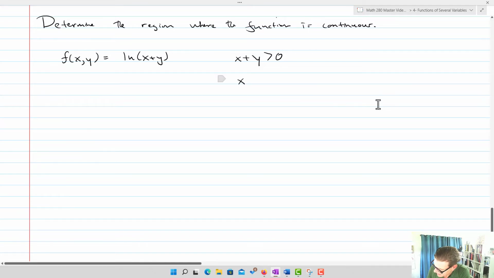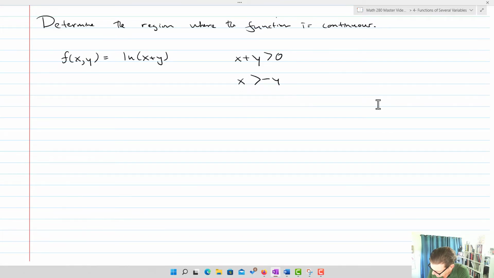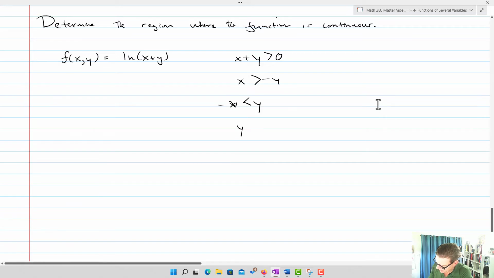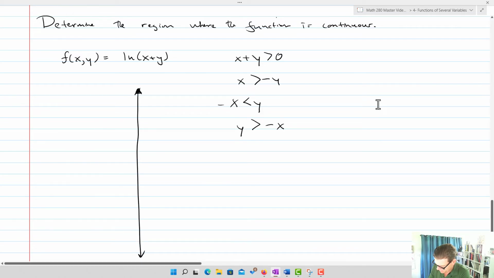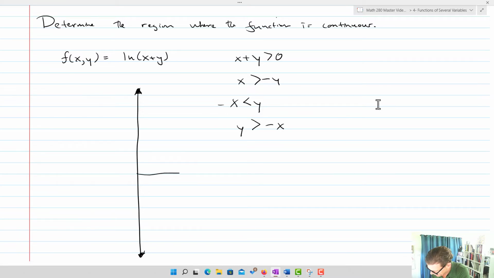That means x has to be greater than negative y, or negative x is less than y, or y is greater than negative x. So y must be greater than negative x. Just using some algebra there. That got a little tricky in terms of the signs.